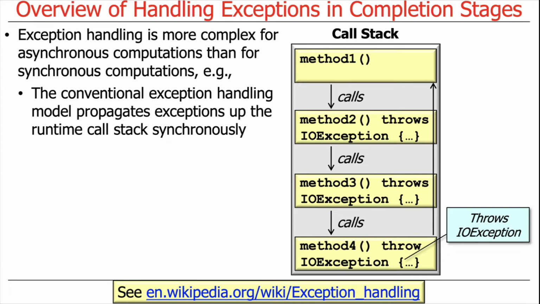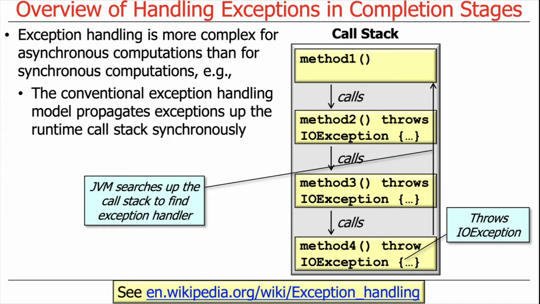The way this works with synchronous calls is that the exception will propagate up the stack looking for an exception handler that can handle that particular exception. So the Java runtime, the execution environment, searches up the call stack to find a suitable exception handler. That could be something that handles IO exception specifically, or something that handles a more general type of exception, like Exception or Throwable.